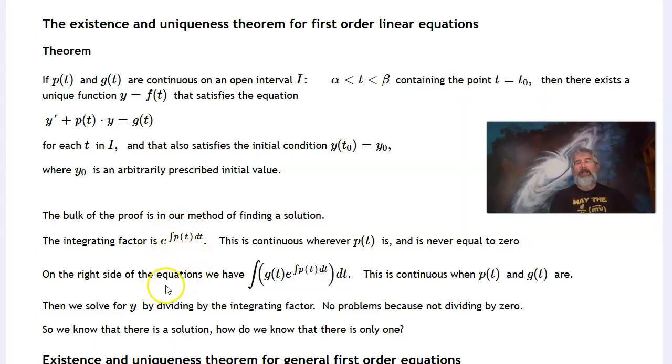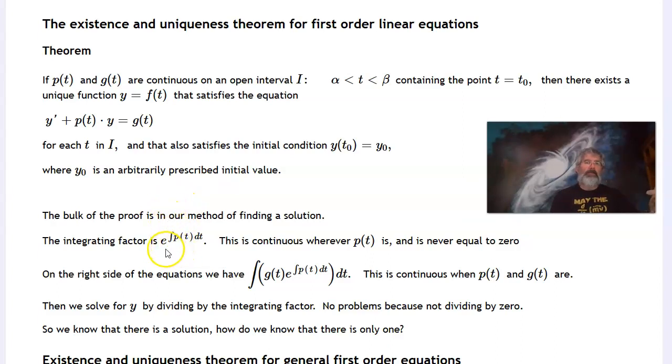Now, on the other side of the equation, as you're solving this first-order linear equation, you multiply both sides by that integrating factor. Now, when you integrate this right-hand side, it'll be g times this integrating factor. The product of two continuous functions is continuous. So if you're in an interval where both p and g are continuous, then the product will be continuous.